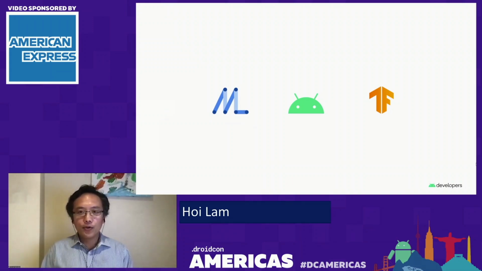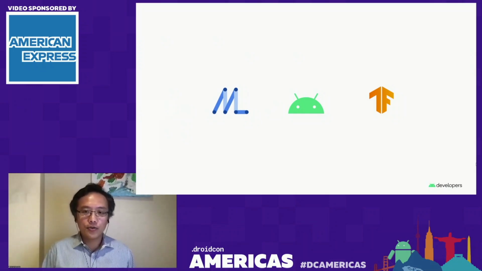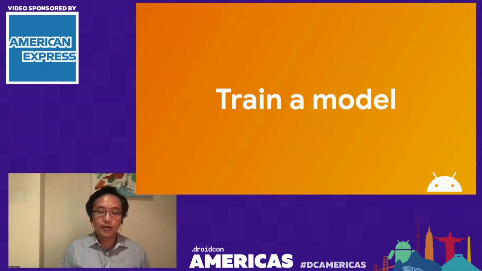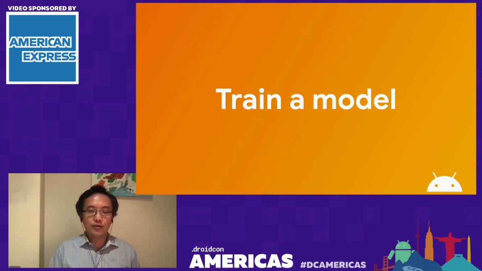But what if you can't find the exact model that you need, and you really need to customize the model for your own use case? The next thing that we have is essentially training a model. But training a model from scratch and determining the architecture is really hard. So what we have done is we have created some tooling for developers that you may be able to use and follow.